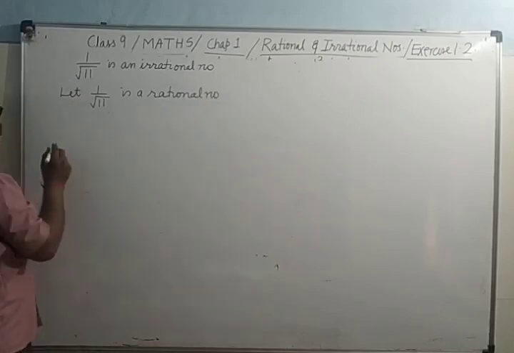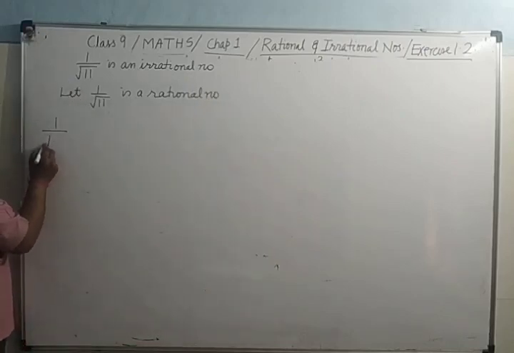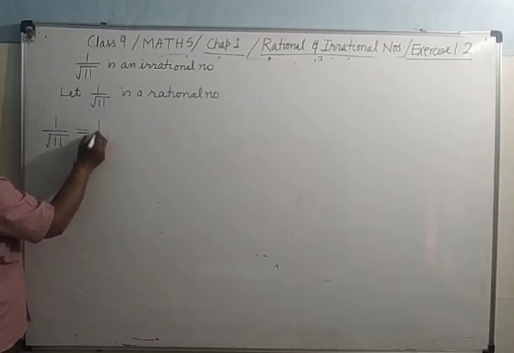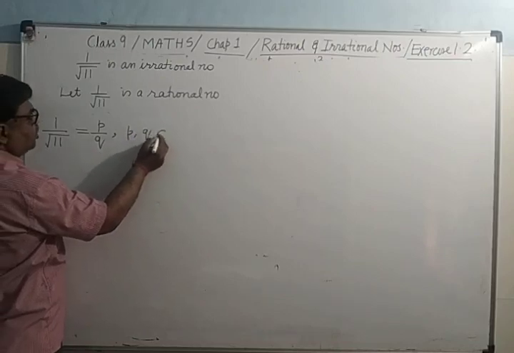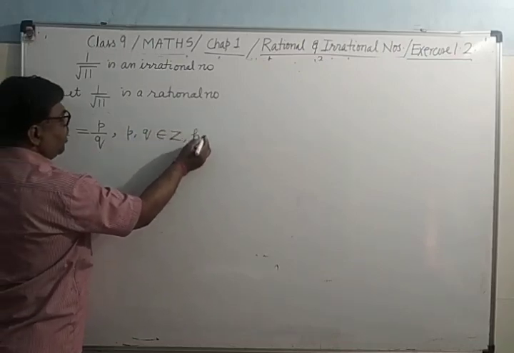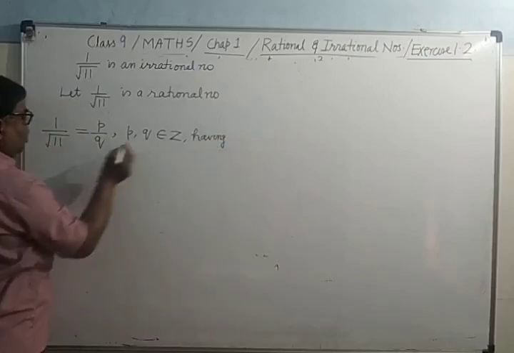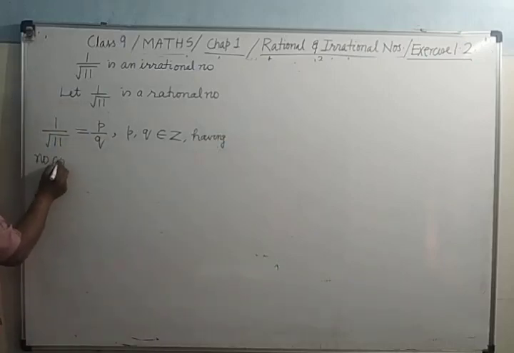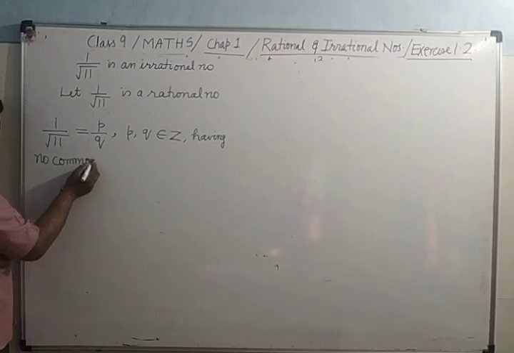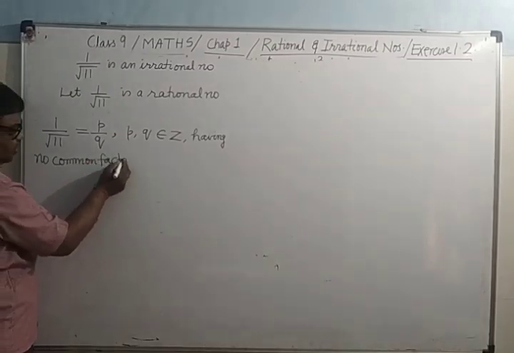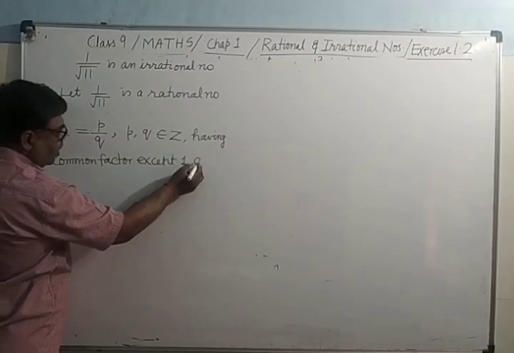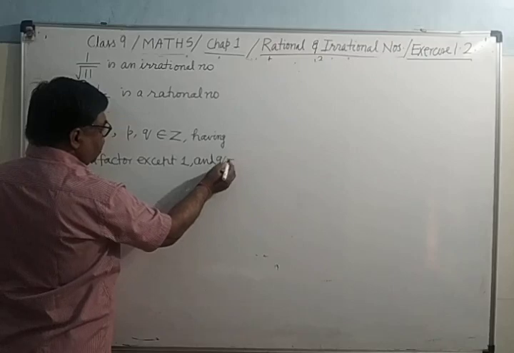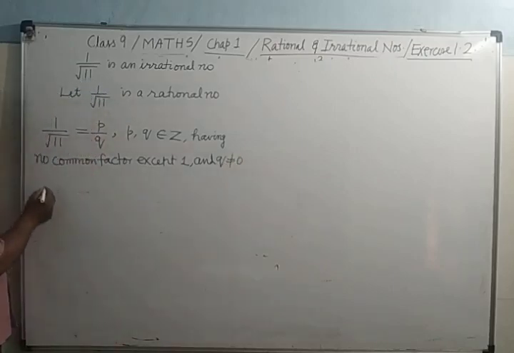When it is rational, what can you write? 1 upon root 11 equals P upon Q, where P and Q belong to integers having no common factor except 1, and Q will not be 0. On squaring, what will we get?